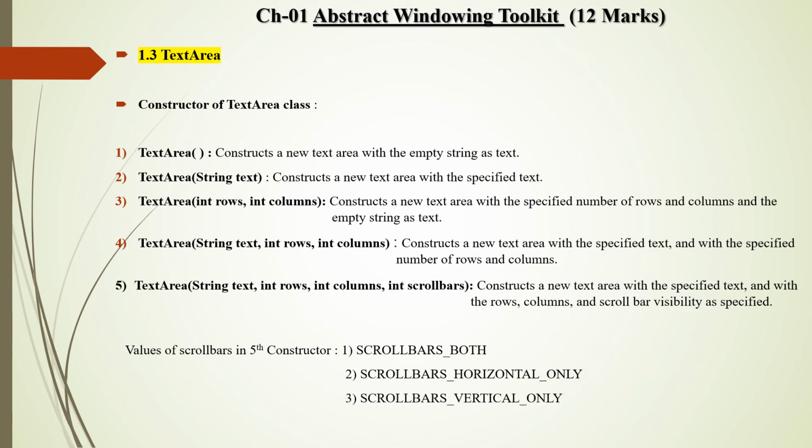Third value, SCROLLBARS_VERTICAL_ONLY, creates only the vertical scroll bar. And last value, SCROLLBARS_NONE, which does not create any scroll bar. So these are the values for scroll bar, which is the last parameter in the last constructor.